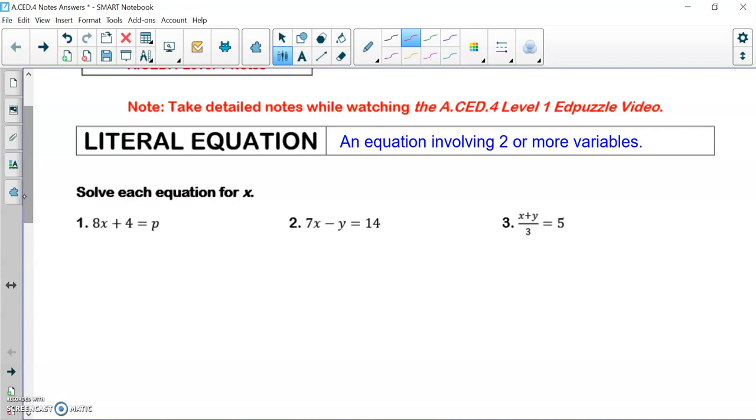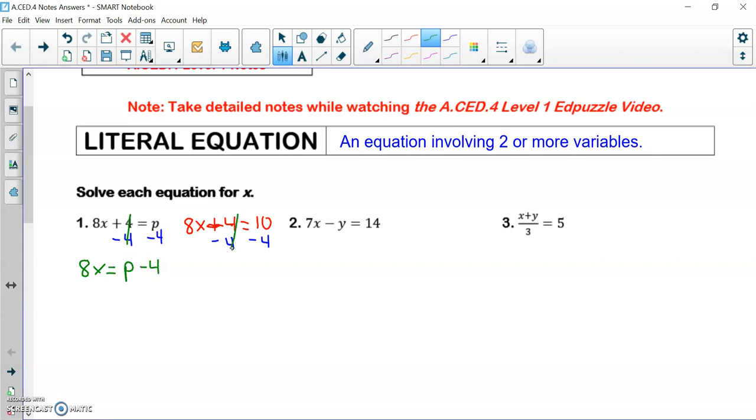For example, number 1 actually is very similar to an equation like this. In an equation like this, the first step I would do is subtract 4 from both sides. Same thing in number 1. I'm going to start off subtracting 4 from both sides, and I wind up with 8x is equal to p minus 4.